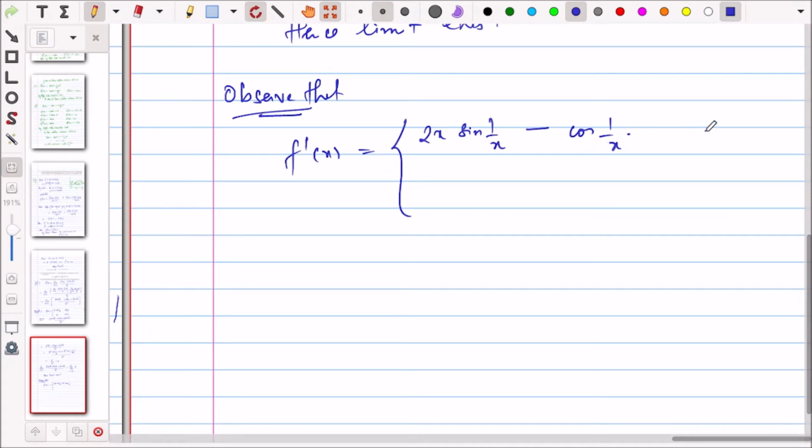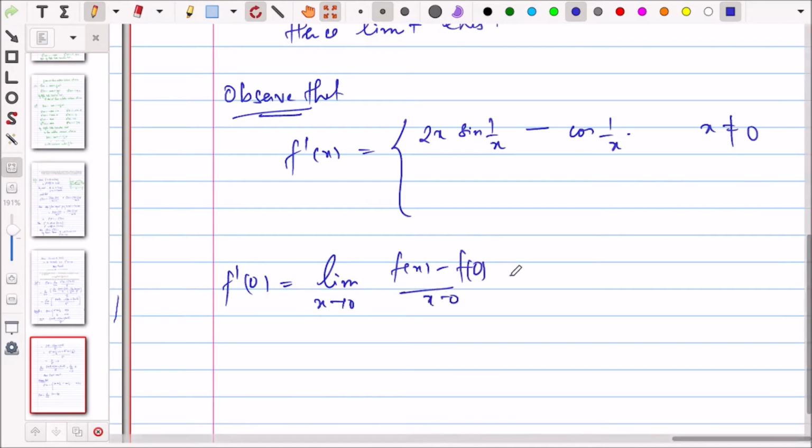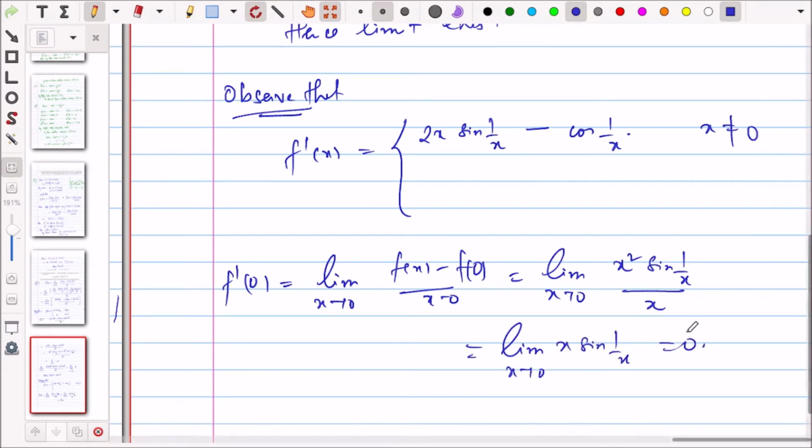For x equal to 0, you can easily calculate using the limit formula: limit x tends to 0, f of x minus f of 0 by x minus 0. This is limit x tends to 0 of x sine 1 by x, which is equal to 0. So f dash 0 is 0.